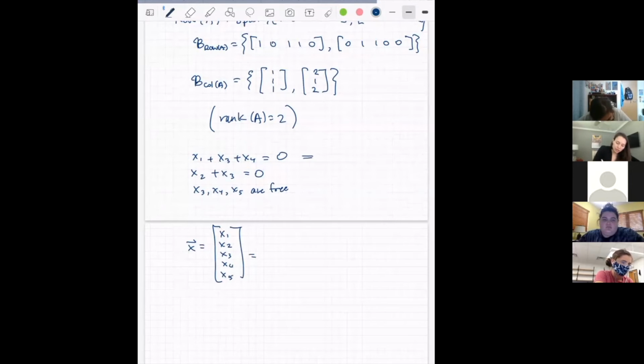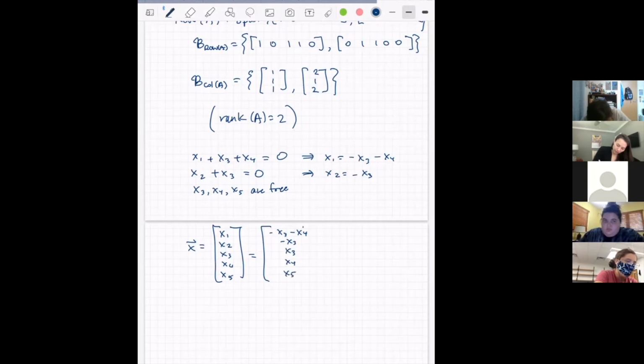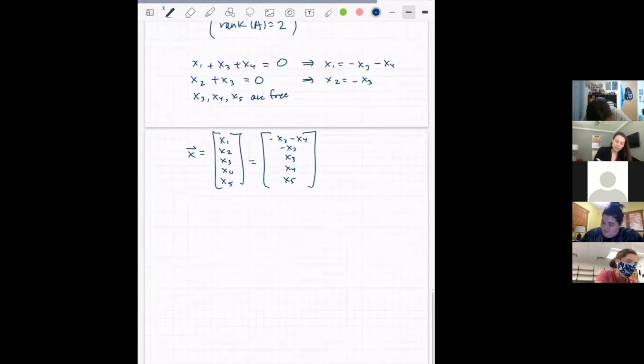Let me just write this out. x1 is equal to minus x3 minus x4, and x2 is equal to minus x3. If we plug those in, we get x3, x4, and x5, and we can split this into three different vectors.